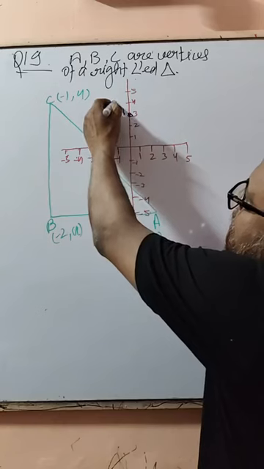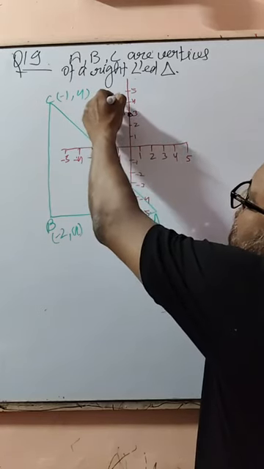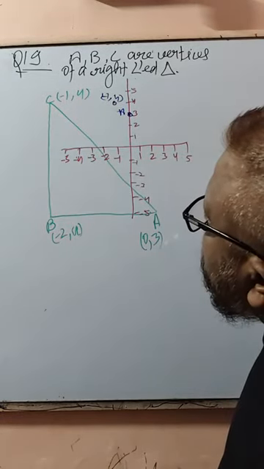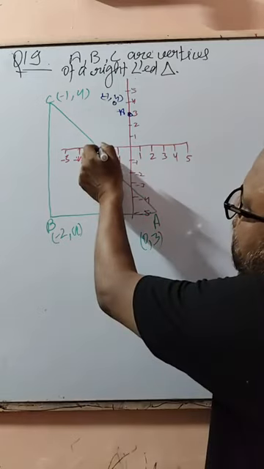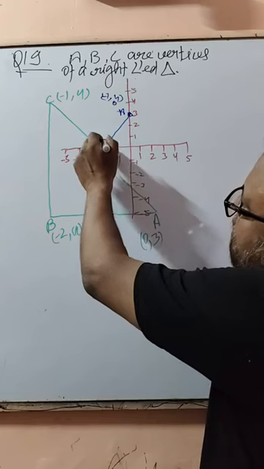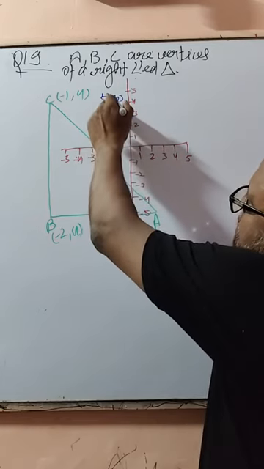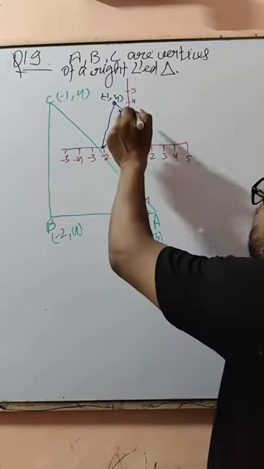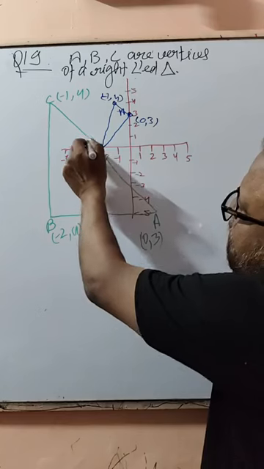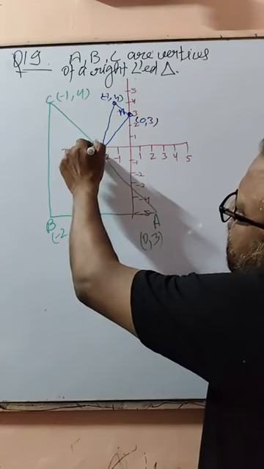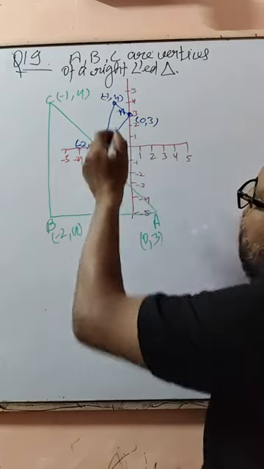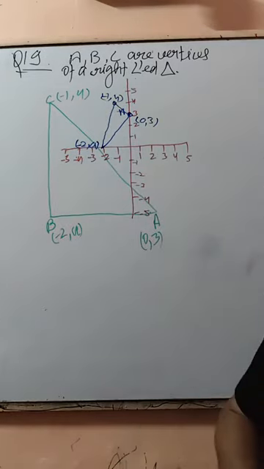This is -1, 4. Right? Like this. Remember, we took -2, a. Last time there was a mistake. -1, 4 is done. Okay.